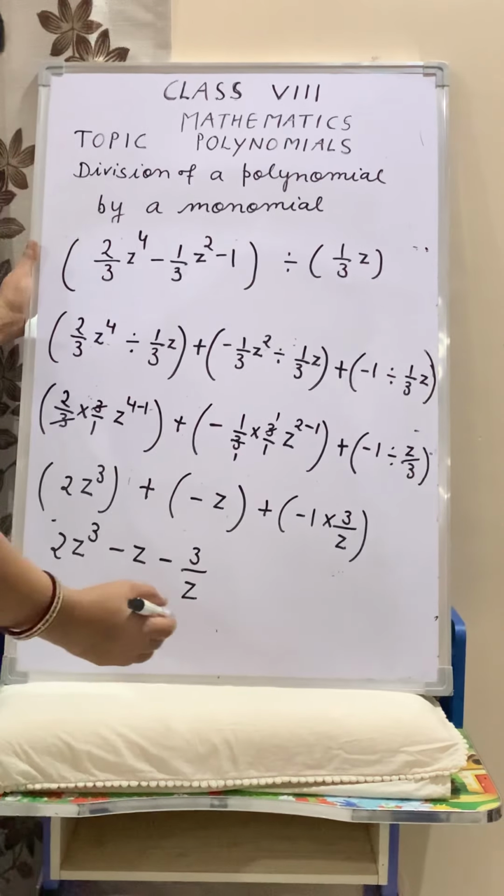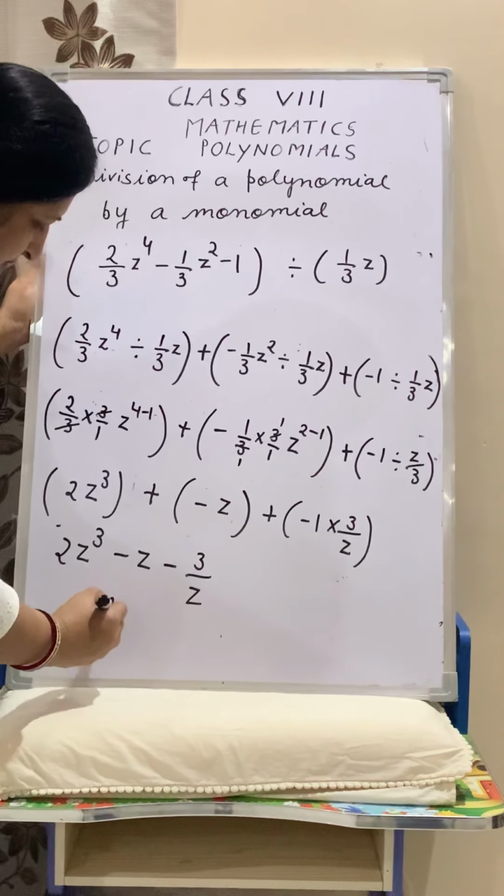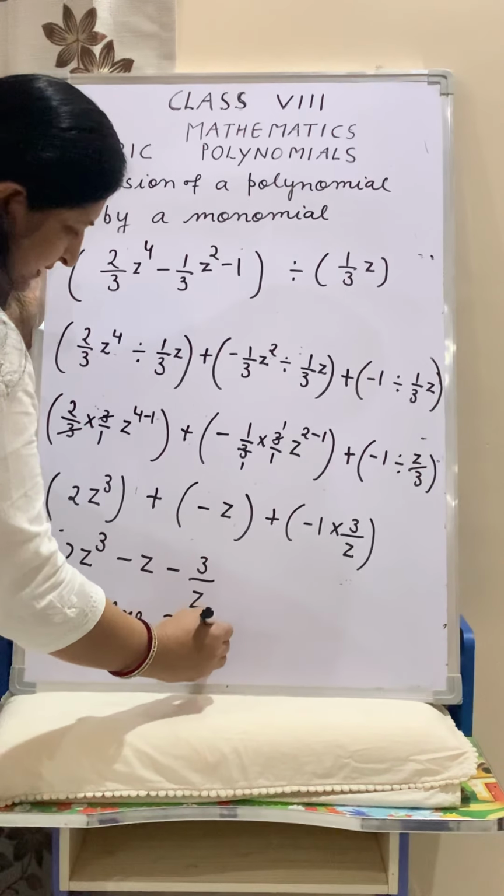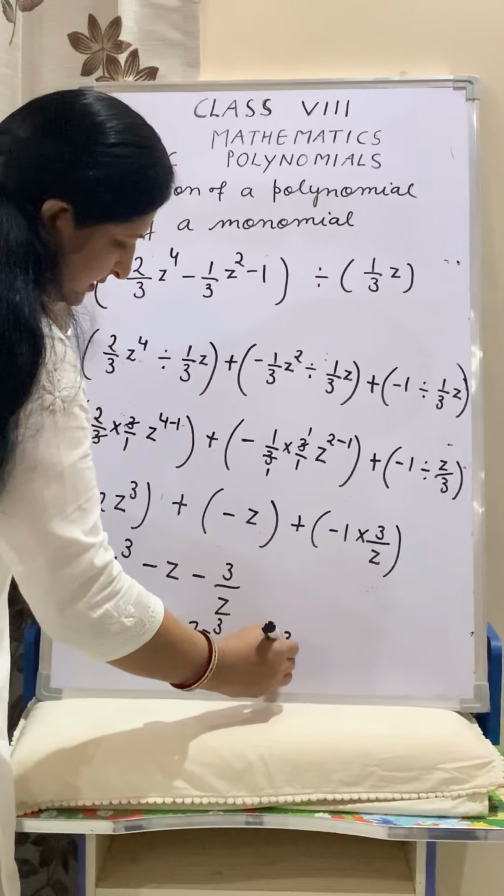It is the answer. 2 z raised to power 3 minus z minus 3 by z.